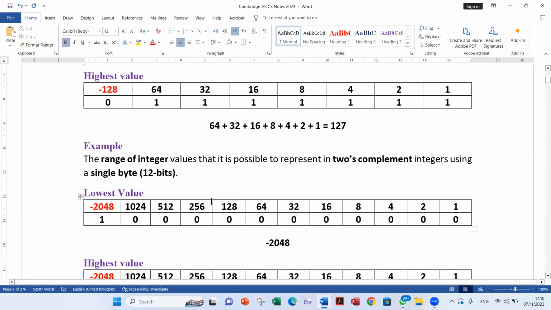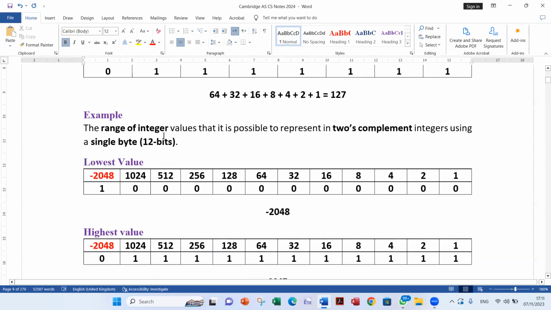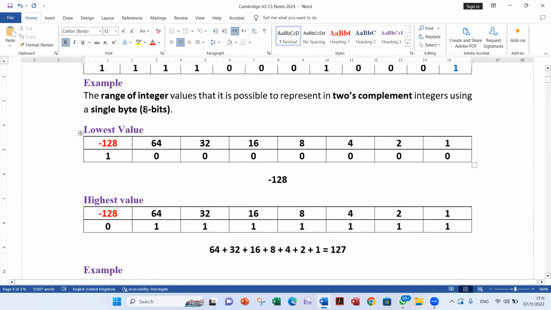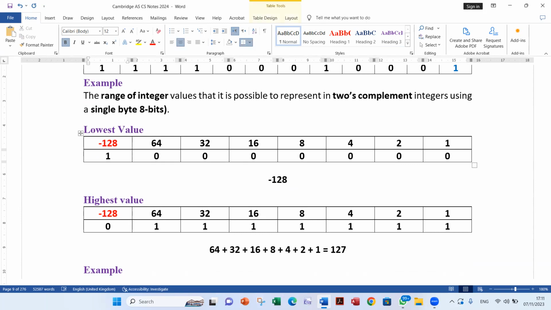Okay, let us now extend the number of bits to become 12. Definitely, you will have a larger range. Okay, the range of integer values that is possible to be represented in two's complement integer using 12 bits.